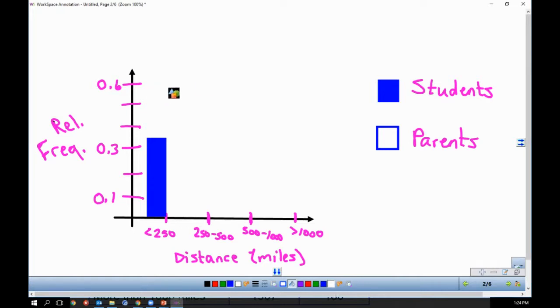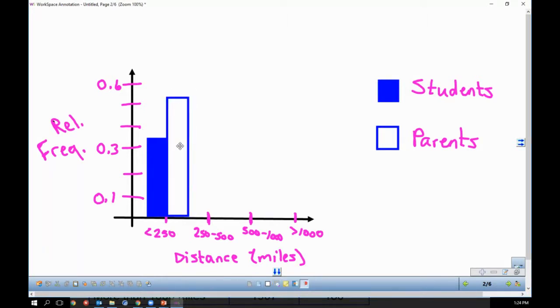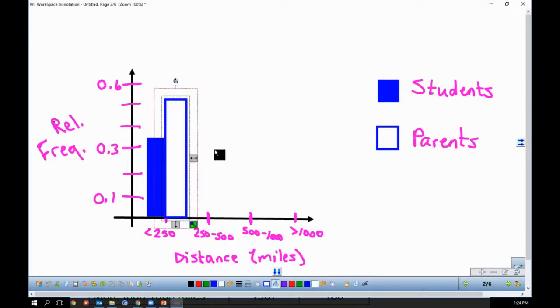About 3. I need to move that. Okay, there we go.